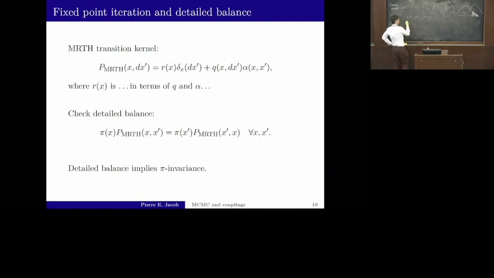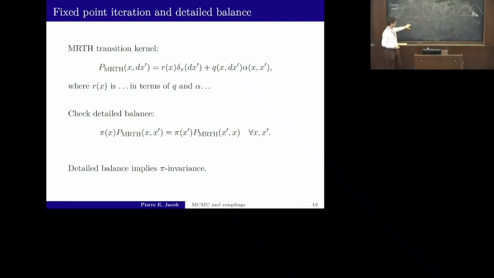Okay, so now you replace the form of alpha by what it is, so the minimum between two things. So you have the minimum between q(x, x prime), and this is going to cancel out something that was at the denominator. So now you have pi of x prime over pi of x, q(x prime, x).